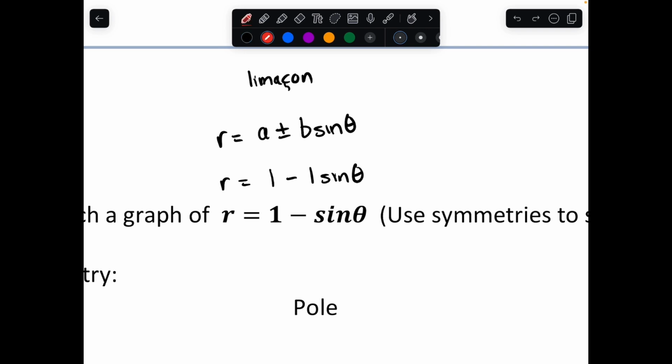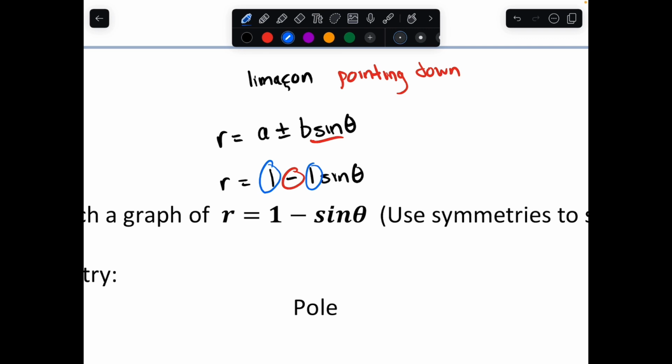Now, what do we see? First off, we know that it's sine, so it's going to be on the vertical axis. Is it pointing up or is it pointing down? Well, this minus sign right here says that it's actually pointing down. So it's a limacon that's pointing downwards. Now we can figure out one more thing about it. We can look at the ratio of the coefficients a and b.